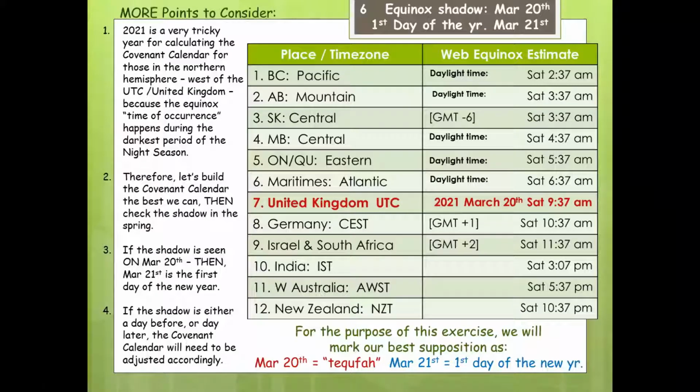Now, the reason that I'm saying this is because there have been people watching the shadows. We've had a lot of reports over the last 3 to 4 years, and there's something funny going on with the shadow. The last 2 years, we had reports somewhere 3 or 4 different days apart. I don't know what's happening. I don't know if it's chemtrails causing a problem for the shadow. Some are saying there's a second solar disk in the sky that's causing problems.